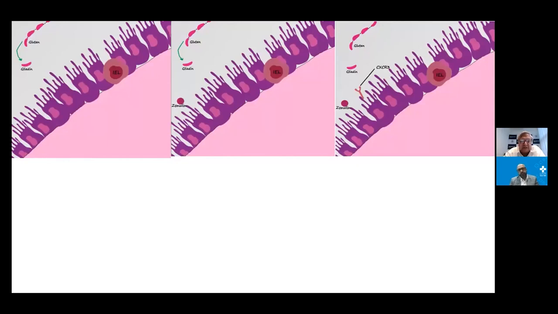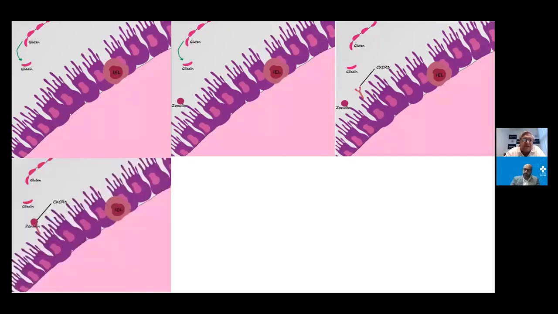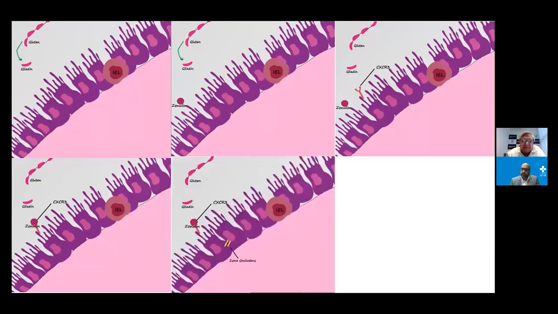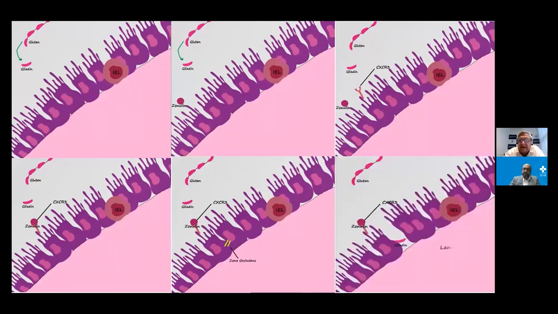Zonulin binds to CXCR3 and it triggers a second messenger system that results in de-engagement of protein zona occludens from the tight junctions of tight junction complex. This allows gliadin to enter into the lamina propria.